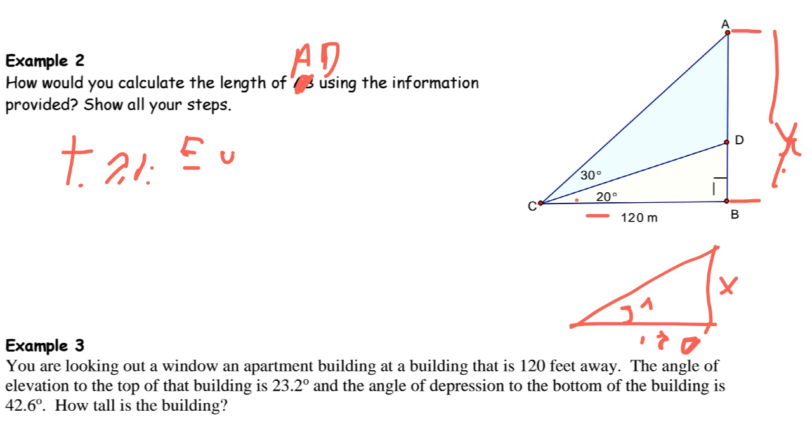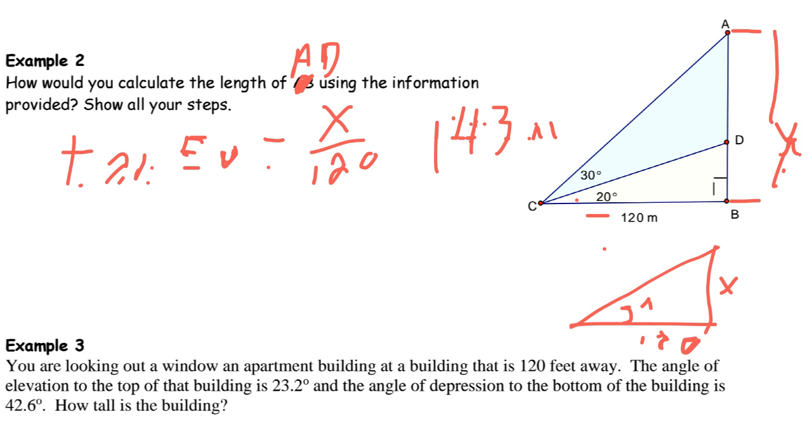Tangent of 50 degrees equals my opposite over my adjacent. Multiply 120 times tangent 50, and I get 143.01, so let's call it 143 meters.